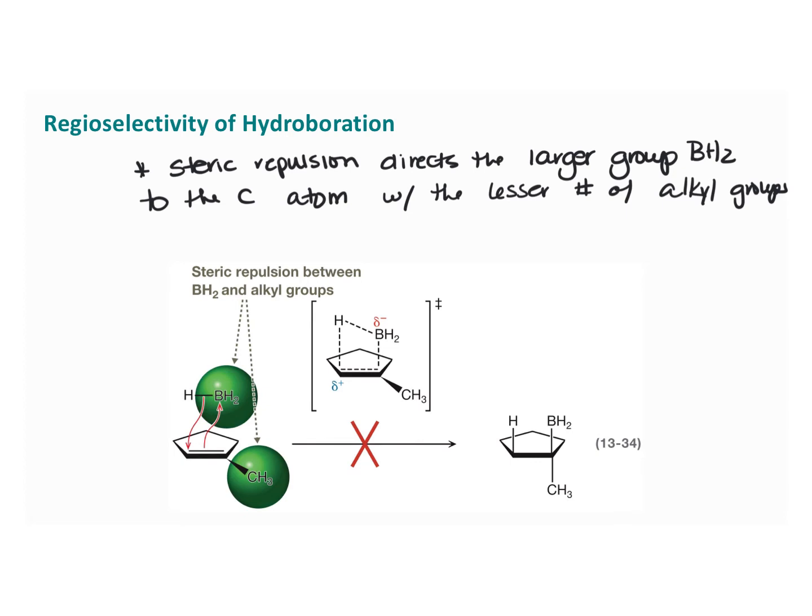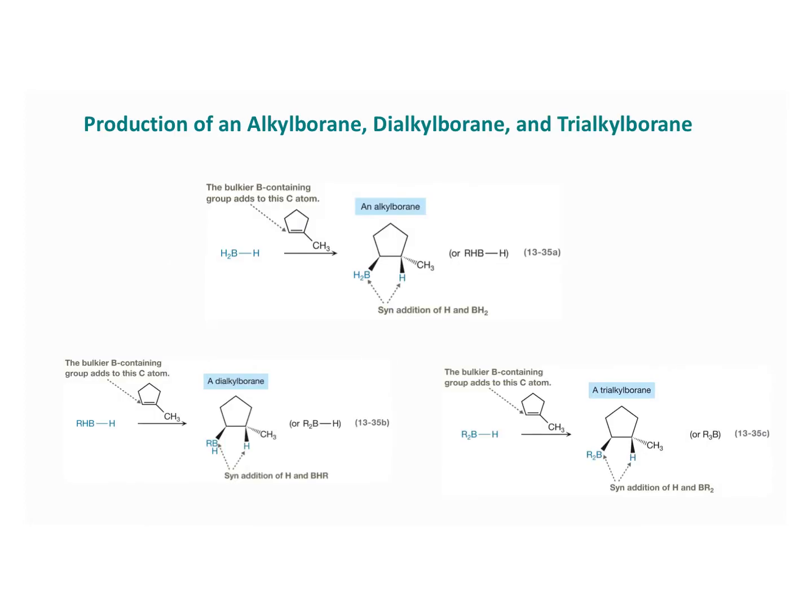Now, the product of the hydroboration, if you notice, we haven't added an alcohol yet, right? So we're not done with this reaction. So the product of the hydroboration, an alkyl borane, is shown here. This is sort of what I tried to show on the previous page, but this is shown in dashes and wedges where these two are coming out here.